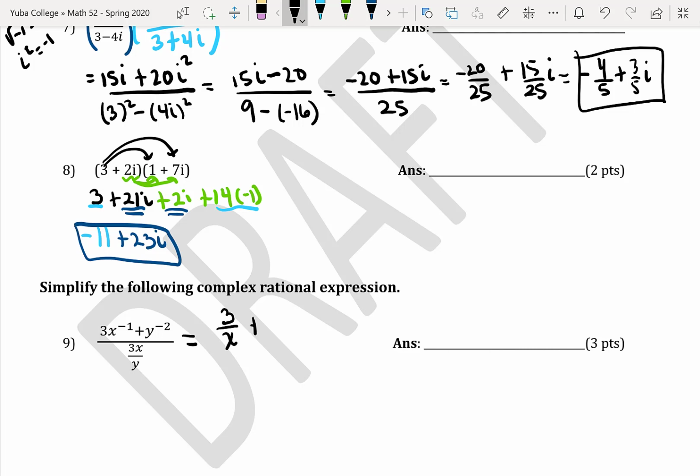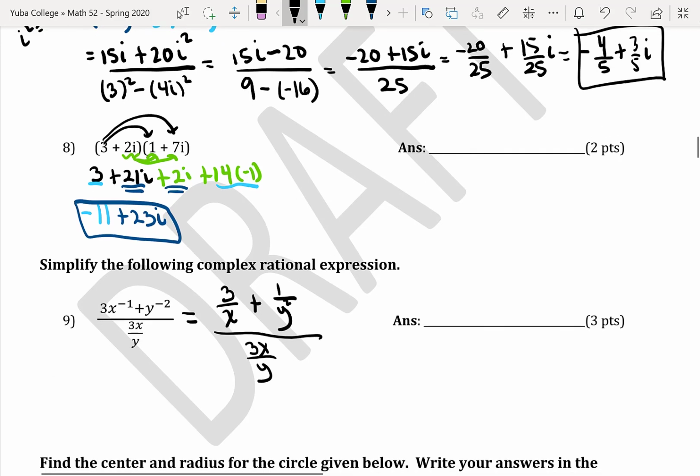over y. So there's a couple ways to simplify complex fractions. I usually prefer to multiply by the LCD of all my fractions within the complex fraction. So if I look at my denominators, x, y squared, and y, I'm looking for that LCD. My LCD, in this case, is xy squared.